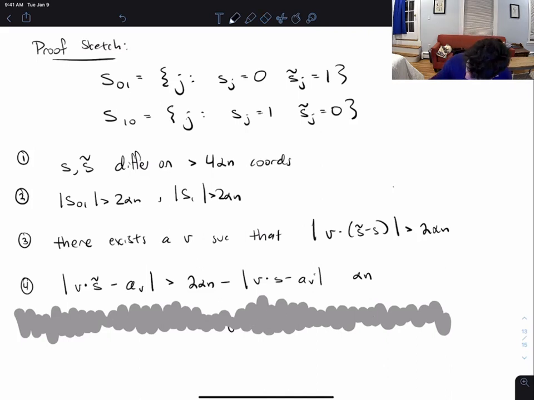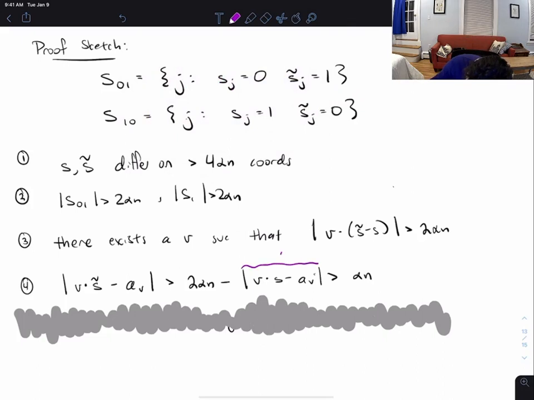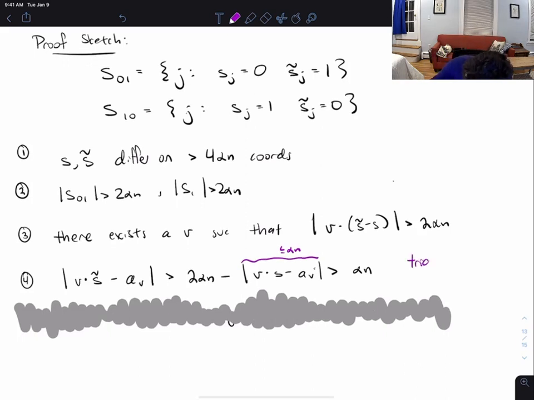And because we know that the answer on the true secrets is accurate to within alpha n, we know that overall, this absolute value is at least alpha n. Okay, and this is, by the way, something called the triangle inequality.